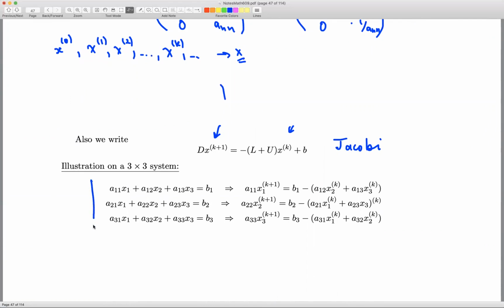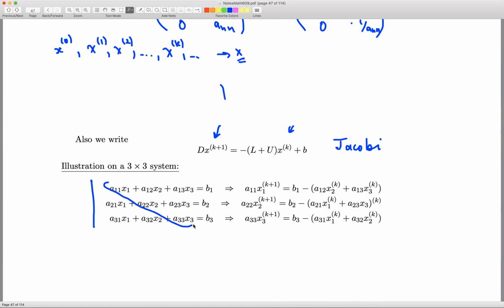So we are given a system with a matrix A that is 3x3 with entries say a11, a12, and so on. And if we would like to write how the Jacobi method looks for this particular case, we do the following. We look at the elements on the main diagonal.